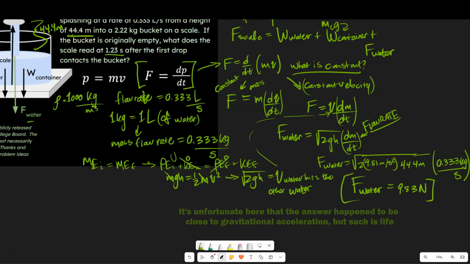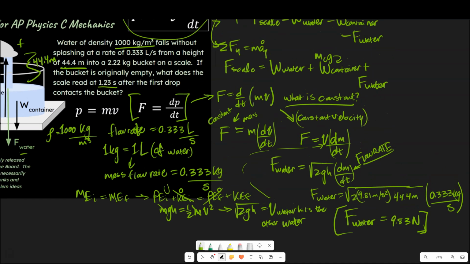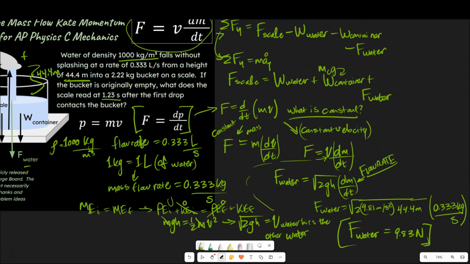So we were able to solve the most difficult part of the problem here now. So let's take that 9.83 and think about what we now know. This is our master equation here. We essentially now know this, we know this, and the weight of the water, what we're going to need to do is use that flow rate concept again. So let me show you what I'm talking about in a dark green color.